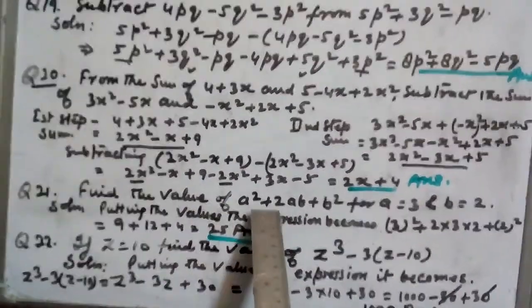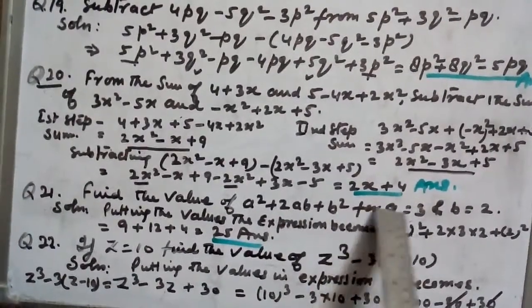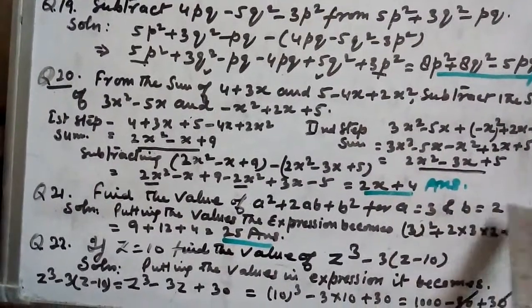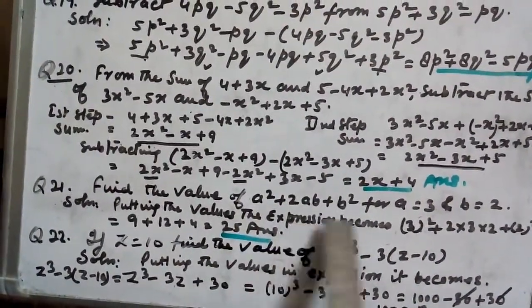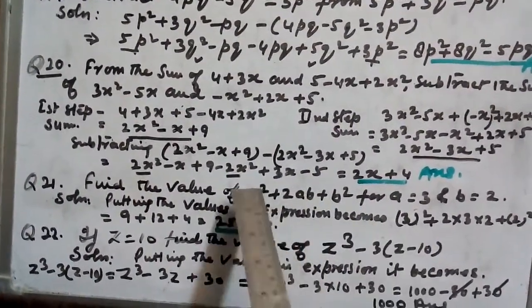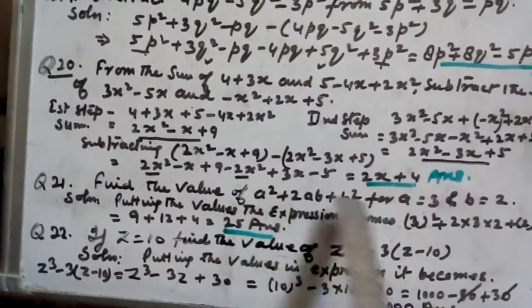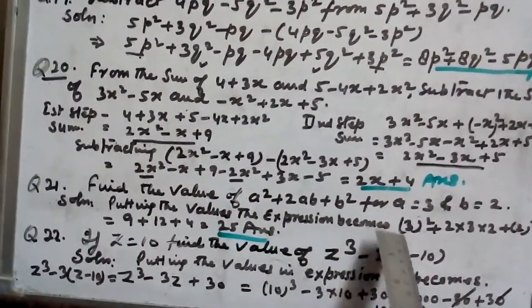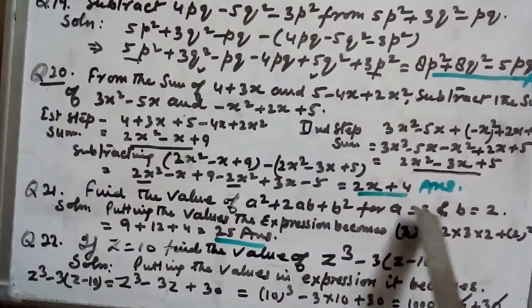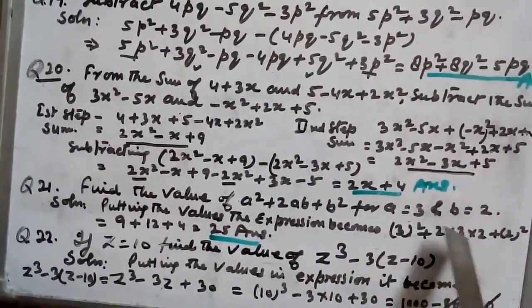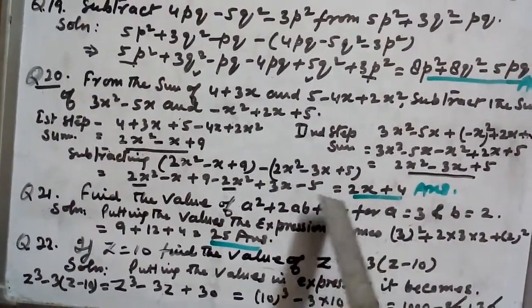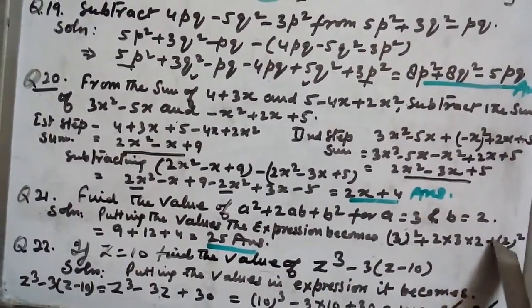Find the value of a square plus 2ab plus b square for a is equal to 3 and b is equal to 2. Children, the values of a and b are given. So what we have to do is simply put the values in the expression. Putting 3 for a, it becomes 3 square plus 2 multiplied by 3 multiplied by 2, and b square is the square of 2.